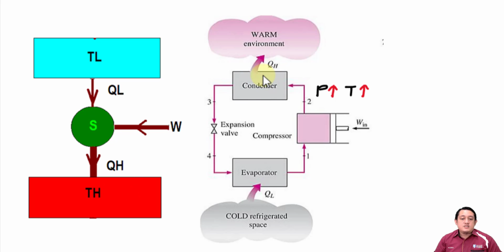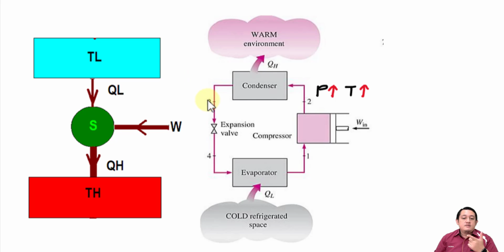So what will happen to the refrigerant when it goes to this condenser? Of course, when the refrigerant enters the condenser, the pressure is high and the temperature is also high.